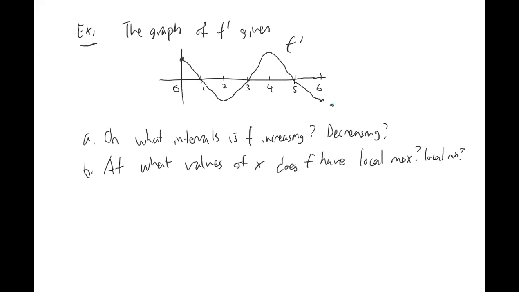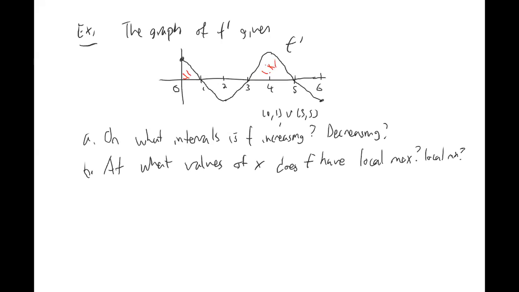It stops at 6. So 0 to 1 and 3 to 5. We don't really care about the endpoints; you could do open or closed, whatever you like. So this is 0 to 1 union 3 to 5, because it's above the x-axis.